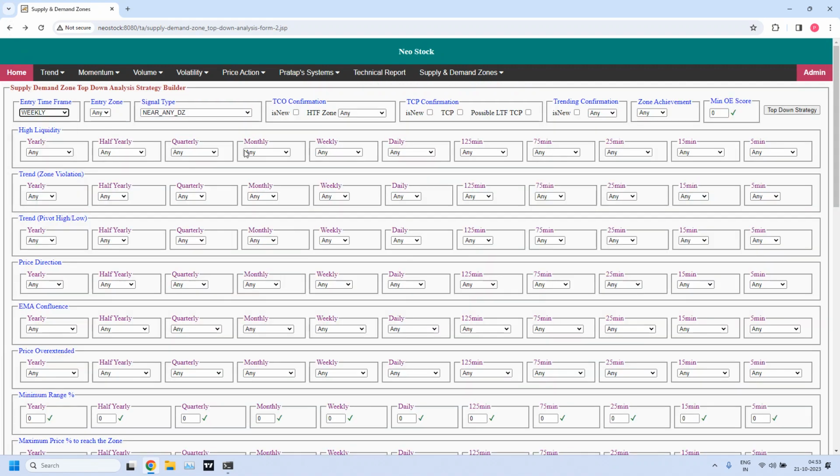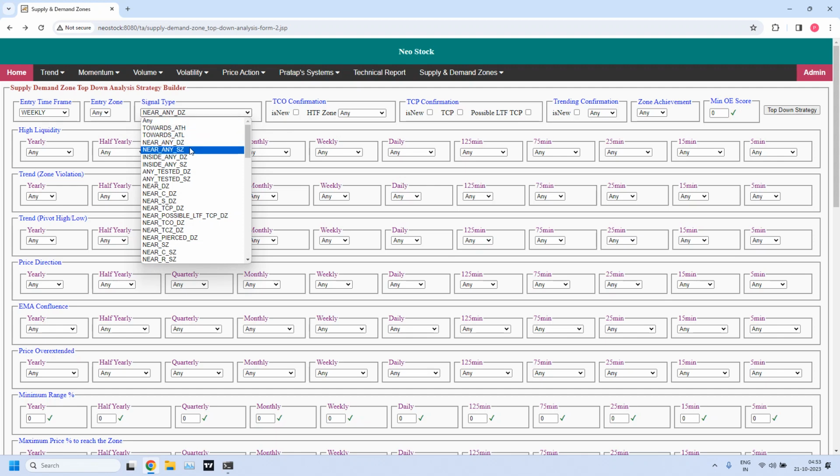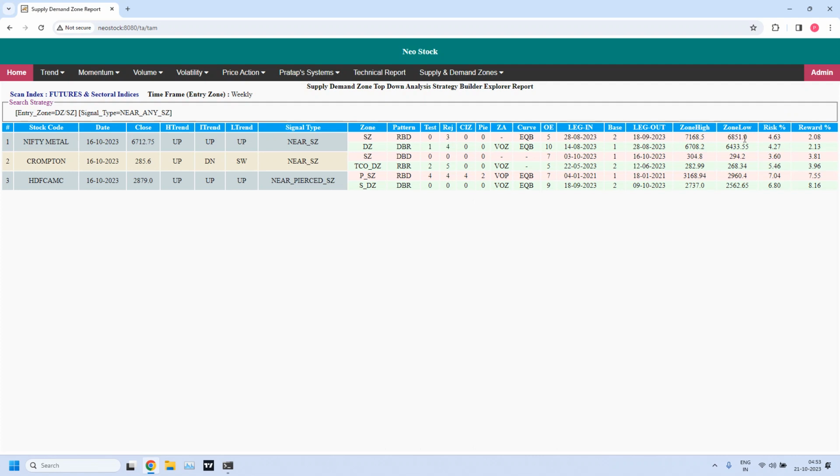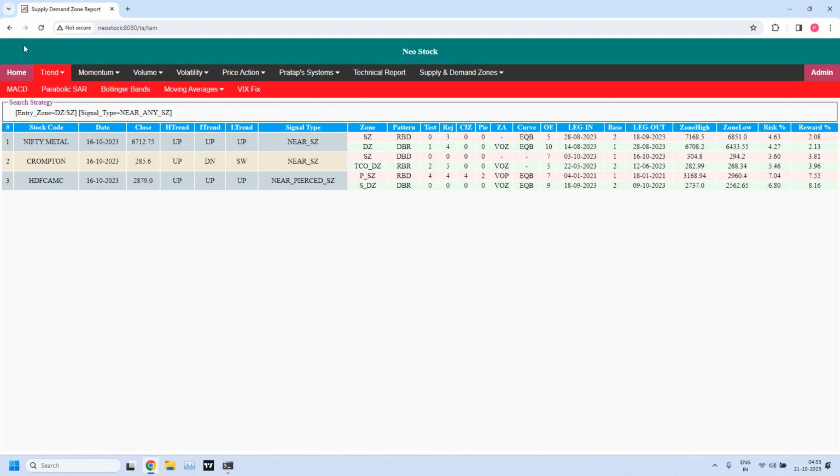For entry time frame weekly, let us find the stocks which are near to the weekly supply zone. And these three stocks are near to the weekly supply zone. So Nifty Metals is near to the weekly supply zone.